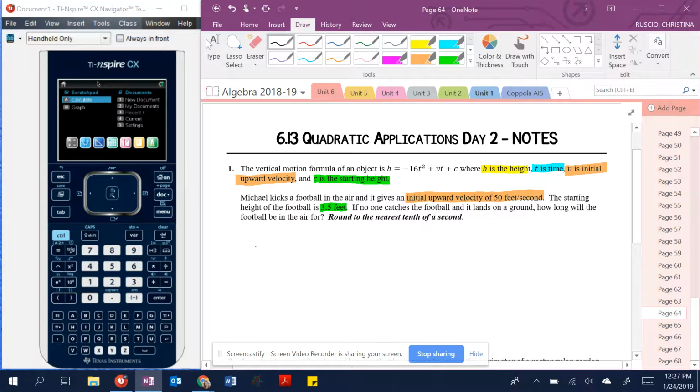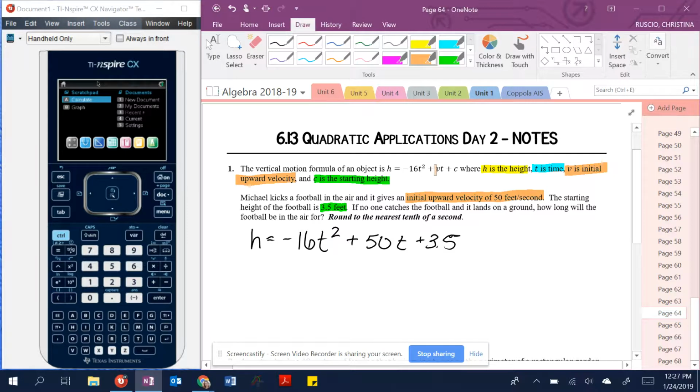The first thing that we need to do, however, is get rid of variables or use some substitution to help us out. So we can't put anything in for h or t. But the great news is they told us that v, the initial upward velocity, is 50, and that c was 3.5.